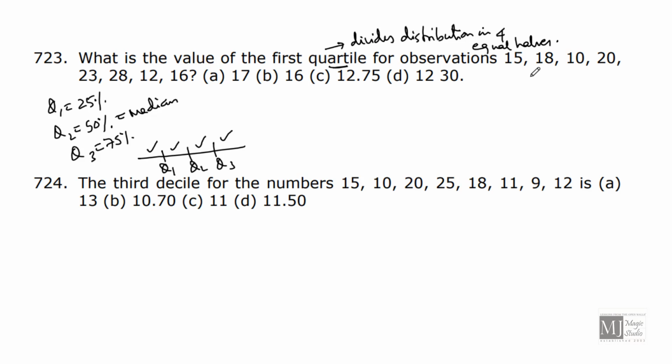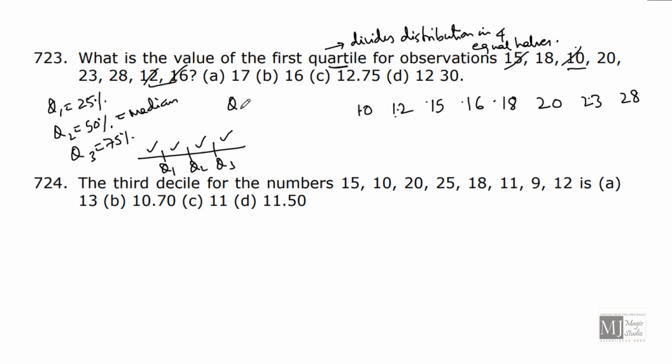So let's first arrange this. We have 10, 12, 15, 16, 18, 20, 23 and 28. So we have 1, 2, 3, 4, 5, 6, 7, 8, 8 members.